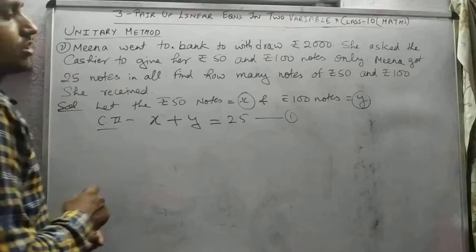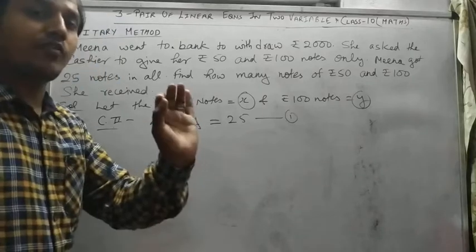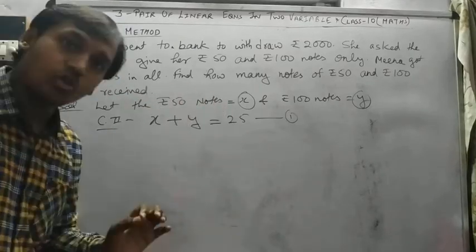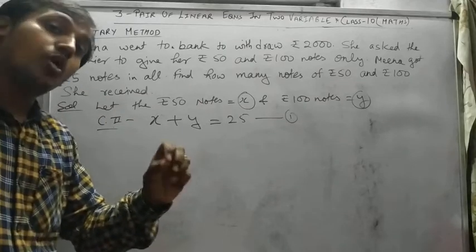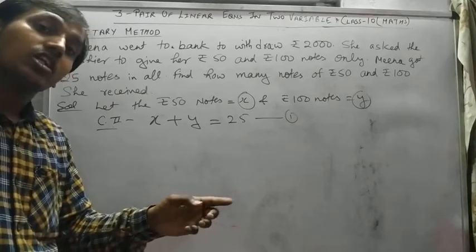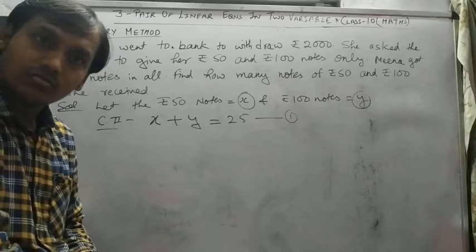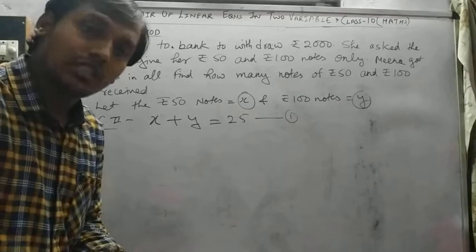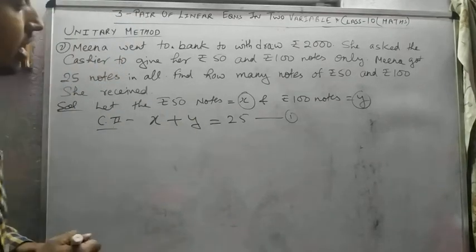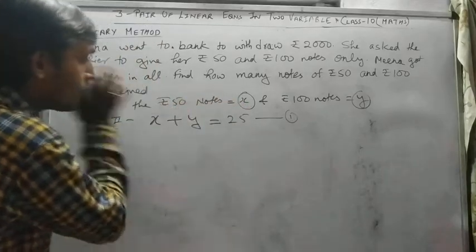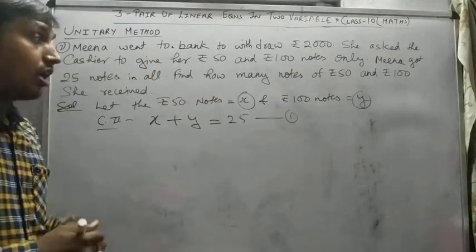Something different is case first. If you have 3 notes of 50 rupees, how many rupees? 3 into 50. 7 notes of 50 rupees, 7 into 50. So if x notes of 50 rupees, how many rupees? x into 50.